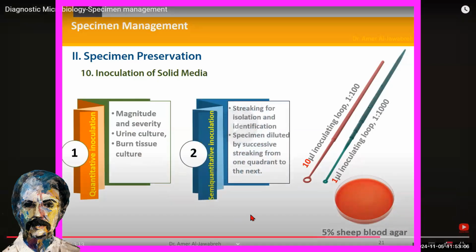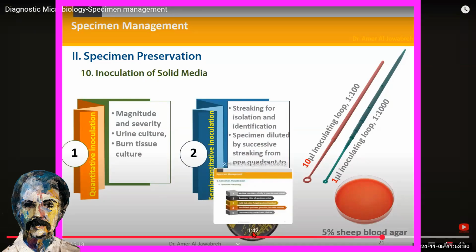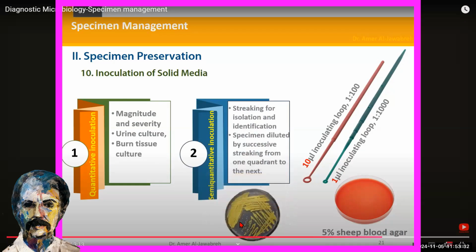Sometimes we have semi-quantitative inoculation, for isolation and identification. Also, the specimen can be diluted by successive streaking, like this one. Look, this is the primary streak, so it's very concentrated. Then you take the secondary streak, which is less dense than this, then the tertiary, less dense, and the quaternary, number 4, where you can see isolated colonies which you don't see here.